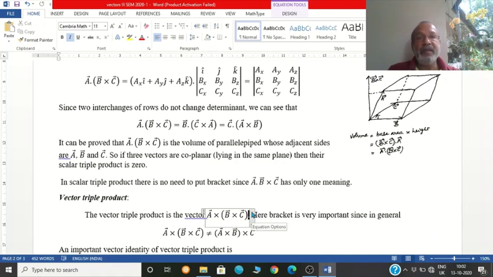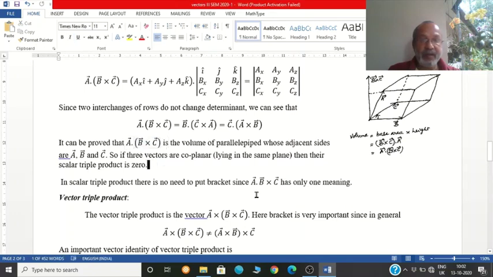Another thing I want to mention about this scalar triple product is that it is not necessary to put the bracket here, because this A dot B cross C has only one meaning. If you write A dot B within the bracket, then this expression has no meaning, because A dot B cannot be taken first.